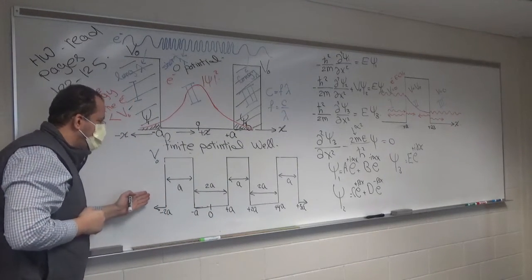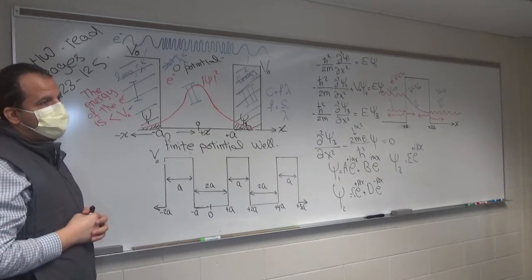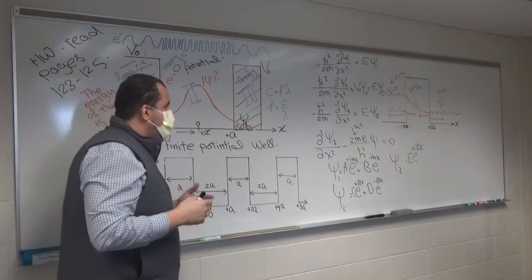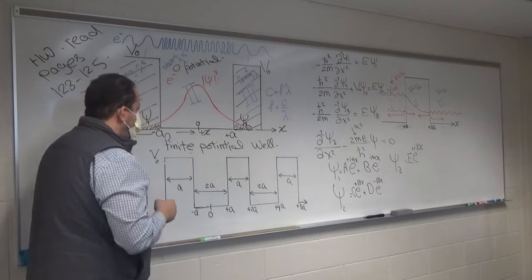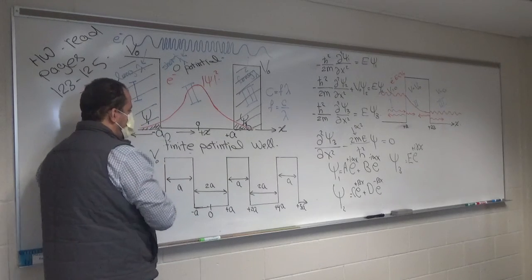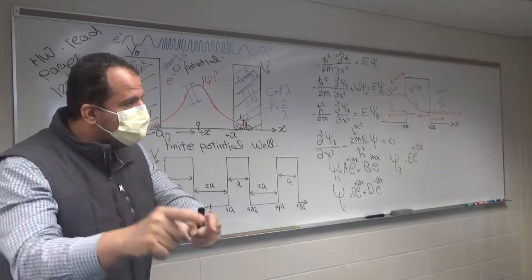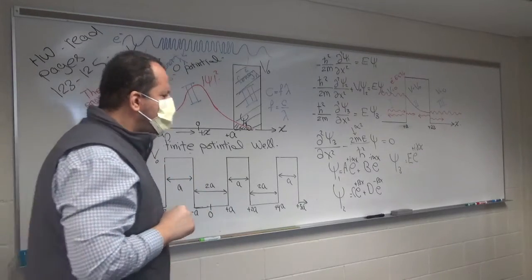And he did study this kind of periodic potential. And then after that, there was a guy, his name Bloch, who came and started working on this idea. And he linked this idea to the crystal structure that we have.